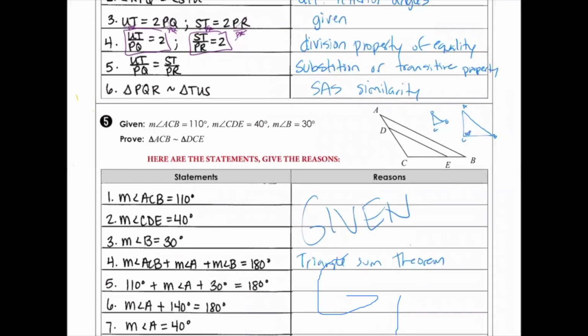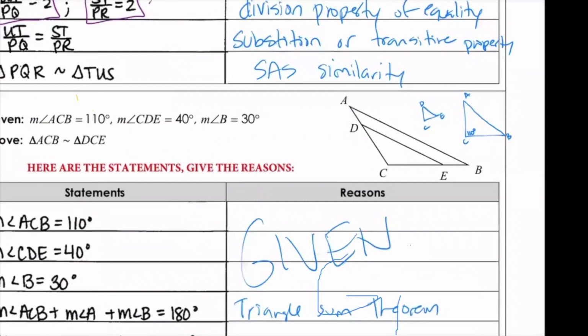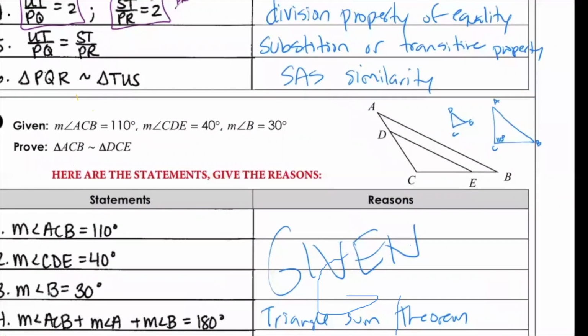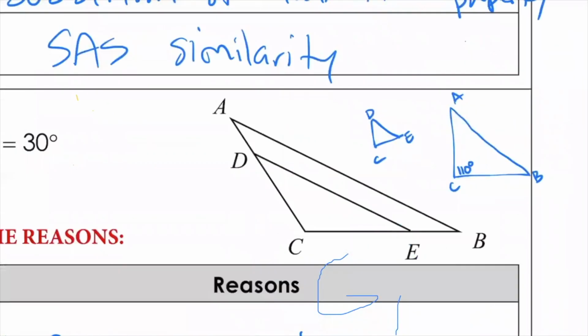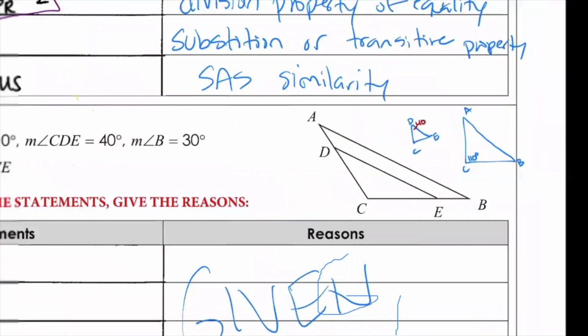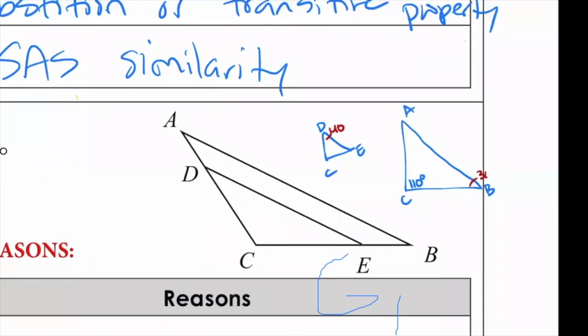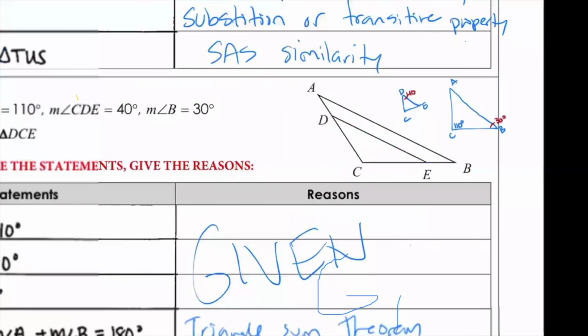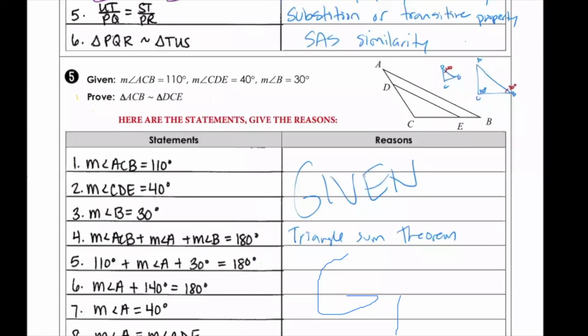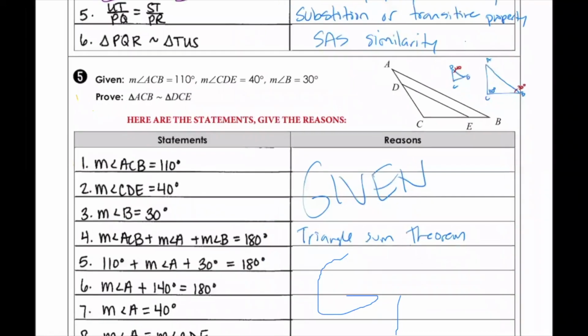Before we do that, let's mark this. So ACB is 110, CDE is 40. So this is 40. And the measure of angle B is 30. So B is 30. And so we know the measure of angle ACB, measure of angle A and measure of angle B is 180 because that's one triangle. We can substitute. We know what ACB is.